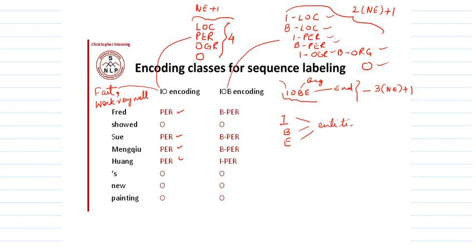Because we need to identify where the entity is beginning, or where the entity is ending. And this is relevant because, suppose we are having two entities.